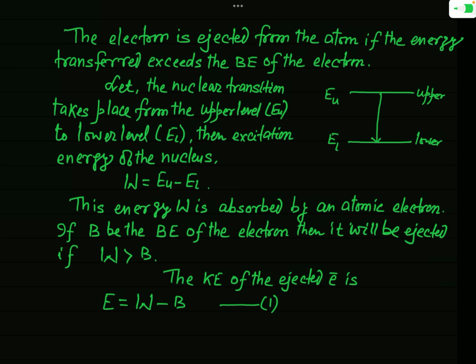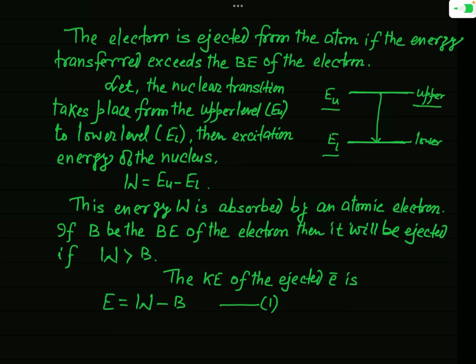I have shown here that this horizontal line represents the upper energy level, with energy EU, and this lower horizontal line represents the lower energy level, with energy EL.